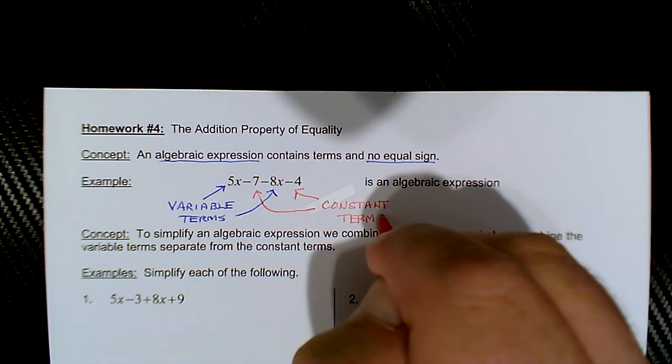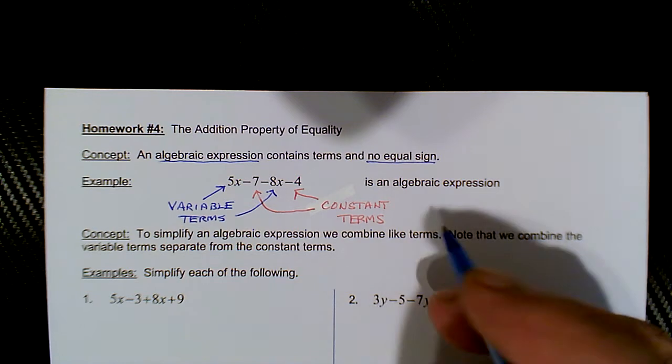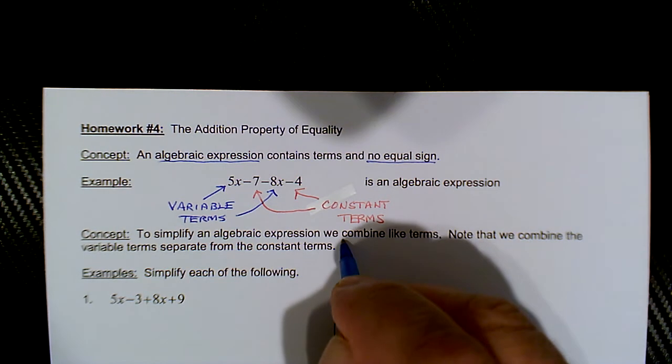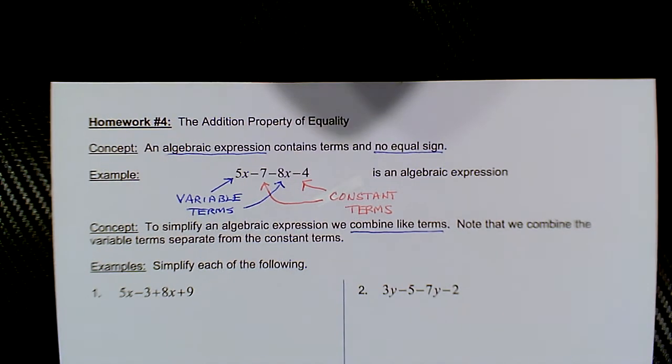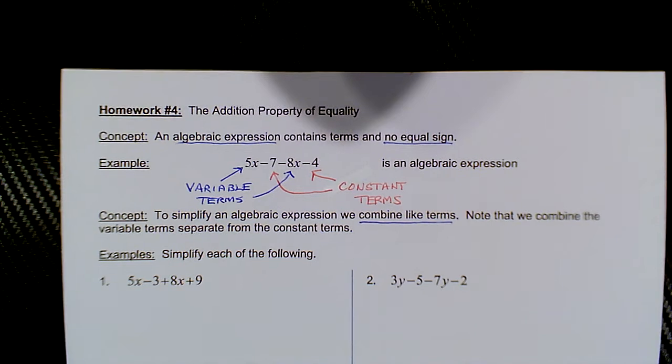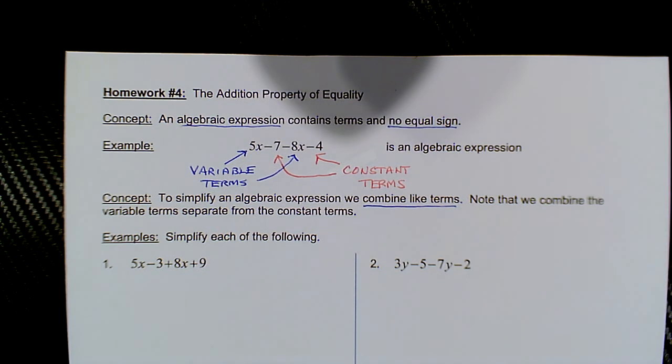So you definitely want to be familiar with that terminology and being able to distinguish between the variable terms and the constant terms. And to simplify an algebraic expression, we use the phrase combine like terms. And the idea is that the variable terms are combined separately from the constant terms.